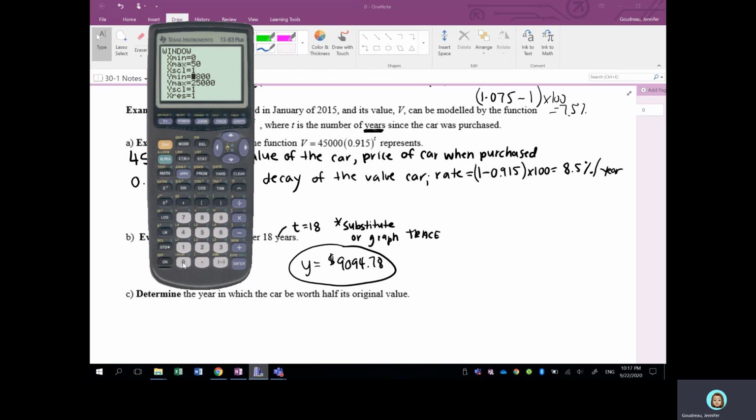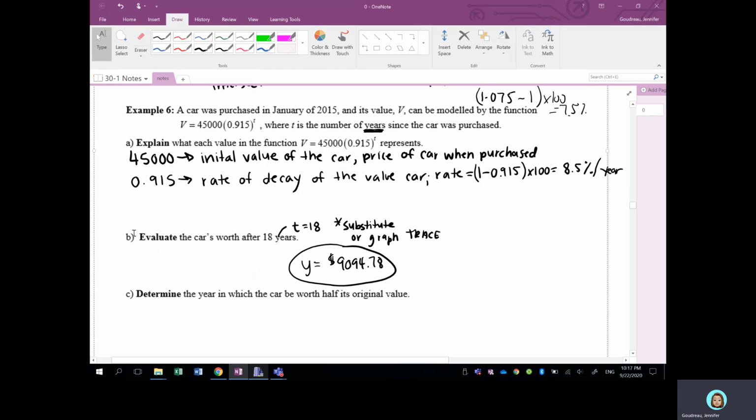Your y minimum is 0. The car cannot have negative value. And then the maximum value is our initial value, which is the 45,000. We should have a lovely decay function. There it is. Because we're given an x value, we're going to hit trace and just type in that x value of 18, and the y value is $9,094.78.